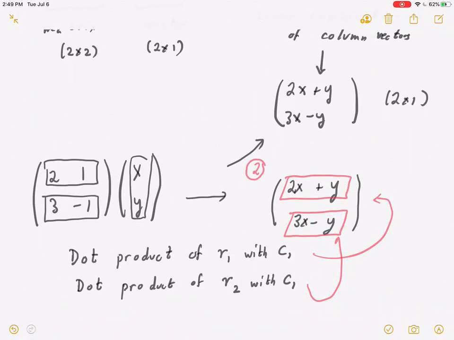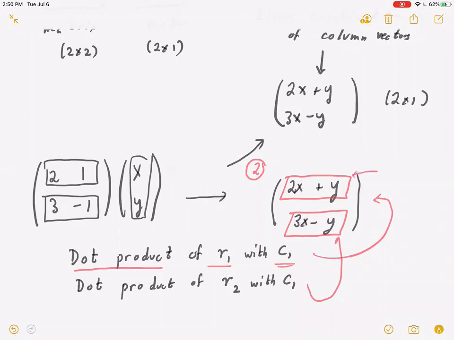But if you look under the hood of that truck, that scheme really says to take the dot product of the row vector of the first matrix with the column vector of the second matrix. That gives you the first matrix element here.